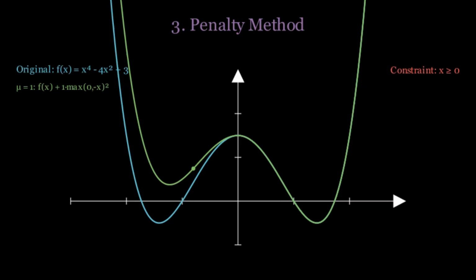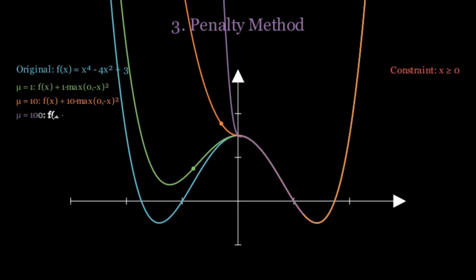What happens when we increase mu? With mu equals 1 in green, we see a gentle penalty pushing the minimum right from x equals negative 1.4. At mu equals 10 in orange, the penalty becomes stronger, shifting our minimum to around negative 0.3. Finally, with mu equals 100 in purple, the penalty creates a steep wall, forcing our minimum to nearly x equals 0.